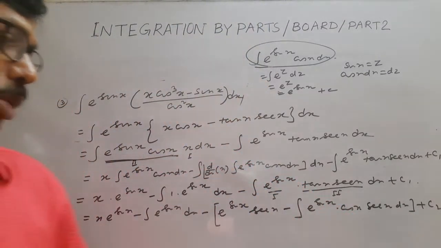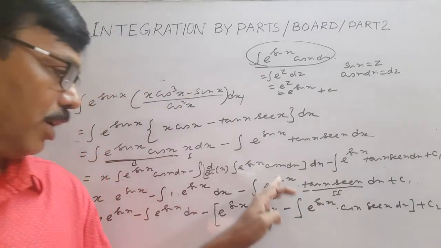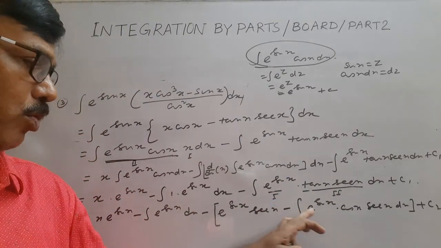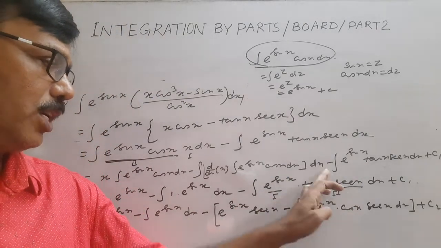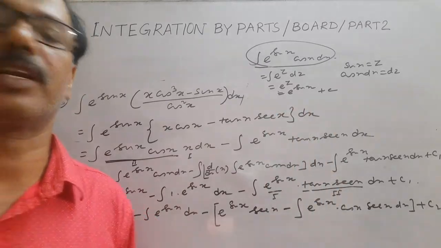So, omitting one step, derivative of e to the power sin x is e to the power sin x into cos x, integration of this is sec x.